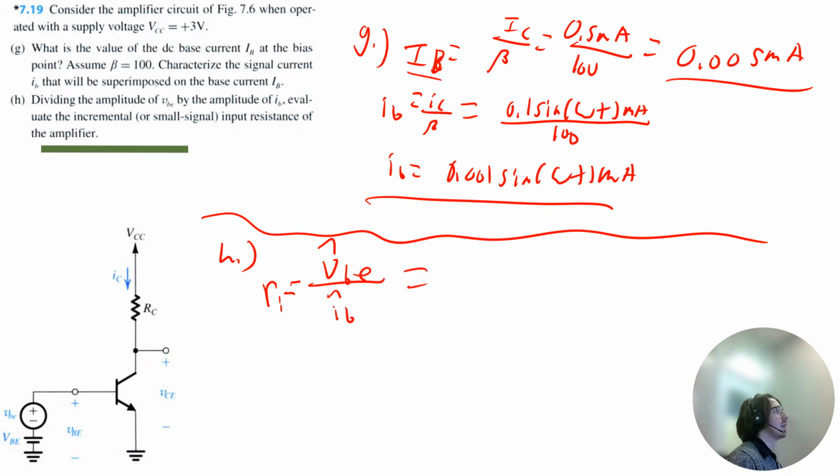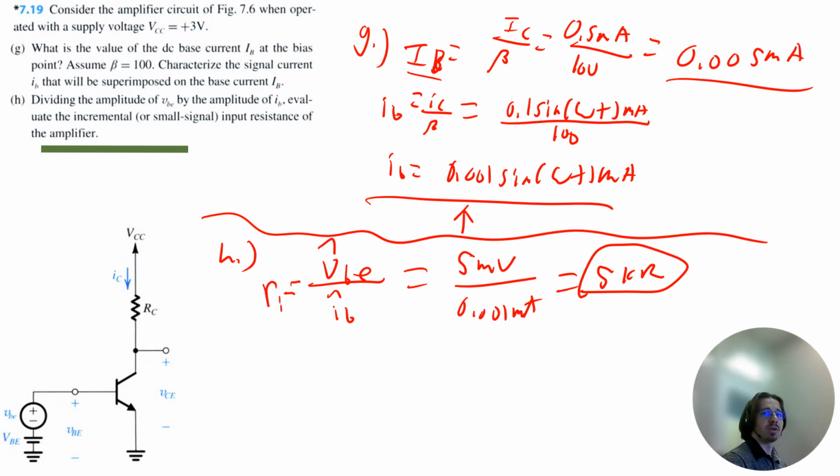That's going to be the amplitude, which is basically the term leading the sine function. So the leading term for VBE would be 5 millivolts. In the last problem, here you can see the leading term for IB is 0.001 milliamps, and that's equal to 5 kilo ohms.